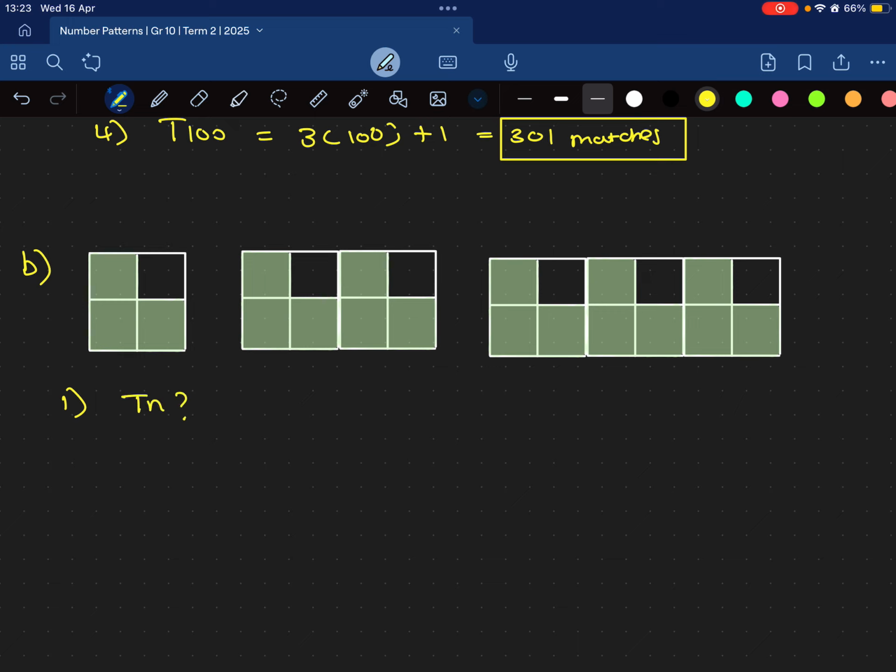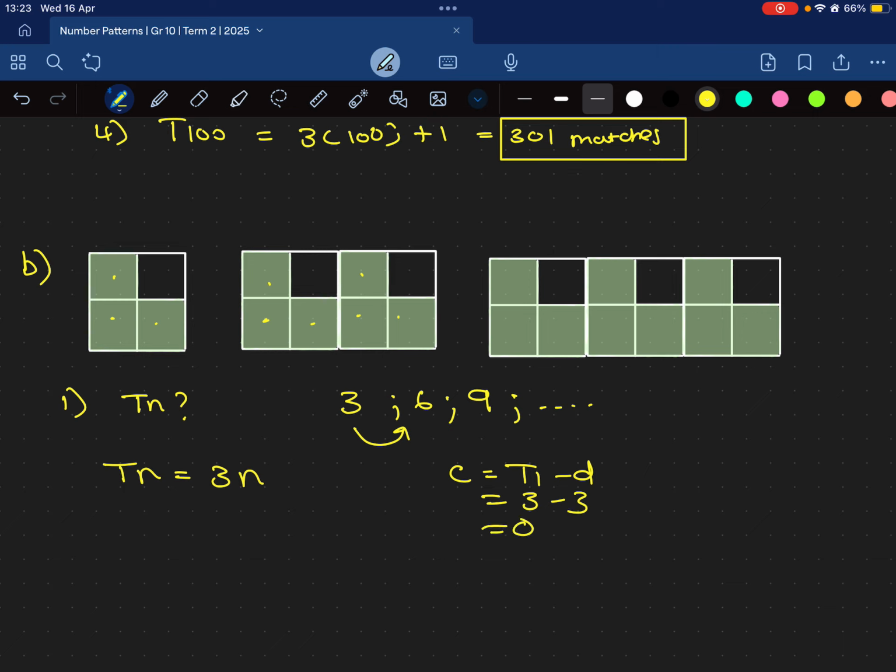There are 3 shaded squares, then 6, then 9, and so on. The common difference is 3, I'm just adding 3. Then C is T1 minus D, which is 3 minus 3, which is 0. So you don't have to add a C value.